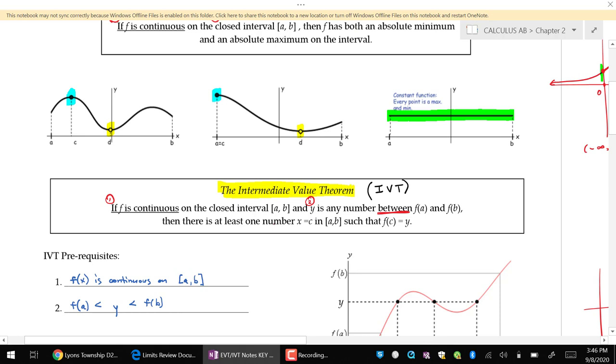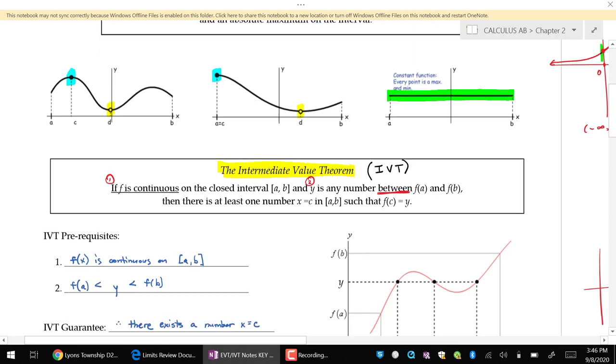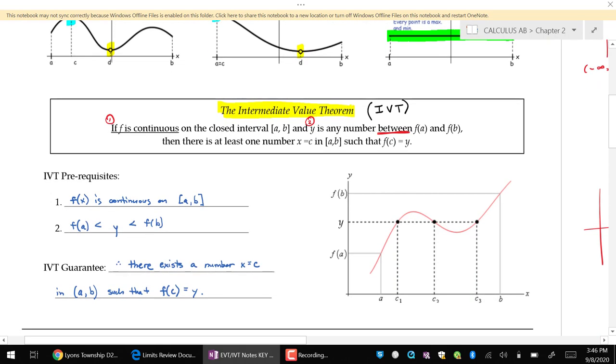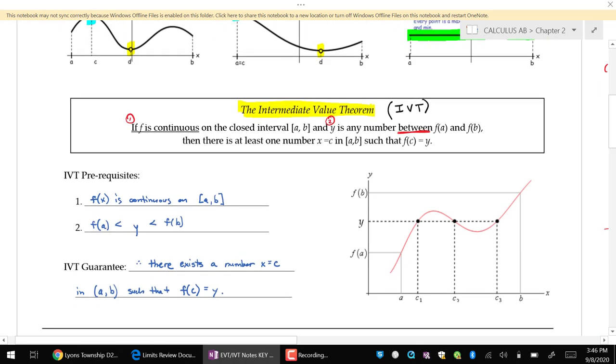And if those two prerequisites are true, then what we have is the existence of at least one number on the interval where the function at that number is equal to the element in question. So a lot of symbolism here. I think a graph will make a little bit more sense, and then we'll also apply it to some situations moving forward.